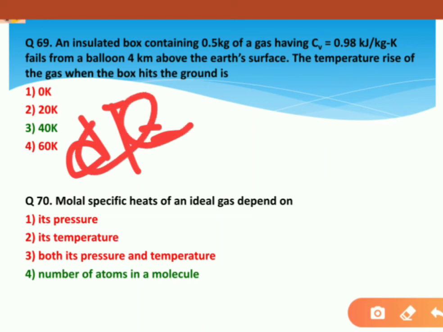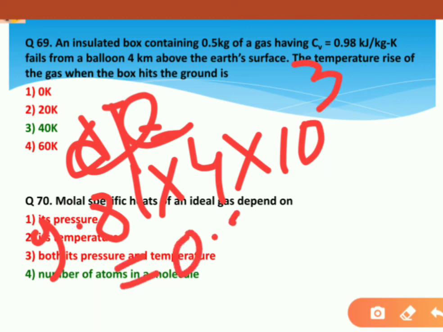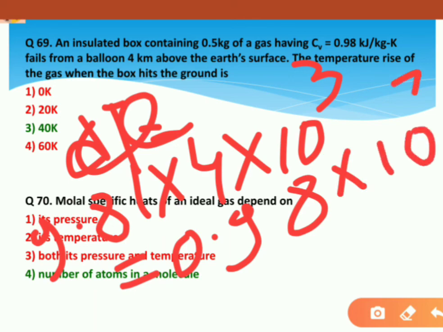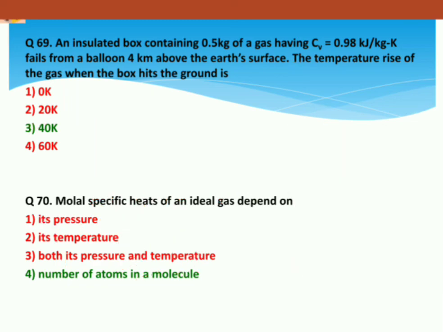So 9.81 into 4 kilometer, make it meter, 10 cube, is equal to 0.98 into 10 cube, make it joule since kilojoule is given, into dT. So finally the value of dT will become 40 Kelvin, its actual value is 40.04, or 40 Kelvin. Option 3 will be the correct answer.